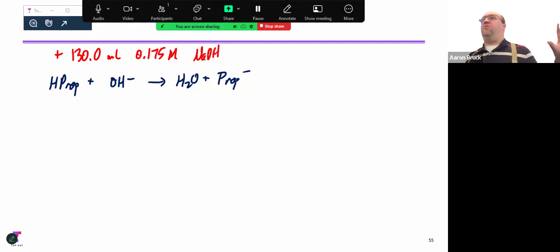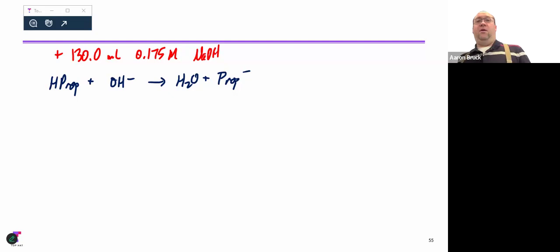Now, given the context of what we've already done, we know how this story ends, because we know that the equivalence point was at 100. This is above 100, so we're going to be dealing with a hydroxide overload here.